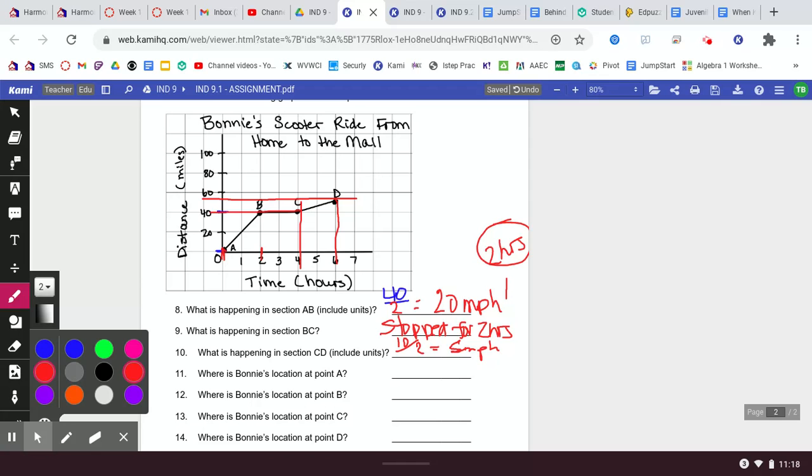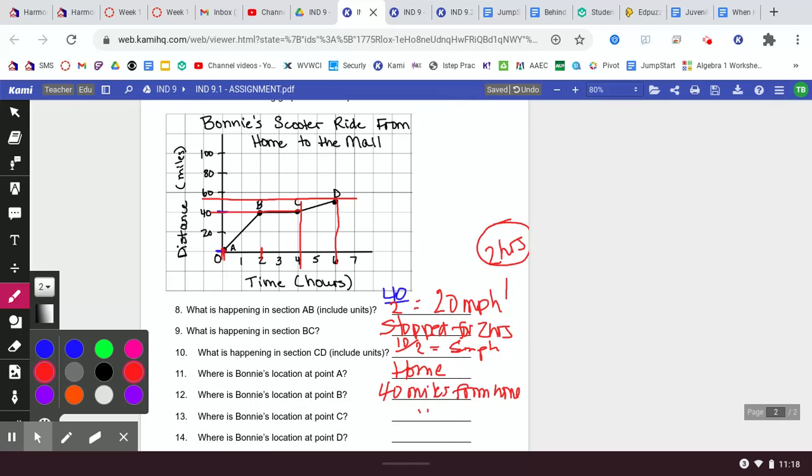Okay. All right. Where is Bonnie at point A, Mary? She's home. And we get that from the title of the graph. And then where is Bonnie at point B, Jacob? Good. 40 miles. And again, you got to reference the graph. So from home. And then Laura, how about where is she at point C? Yep, still 40 miles from home.